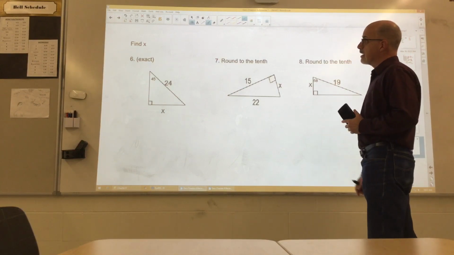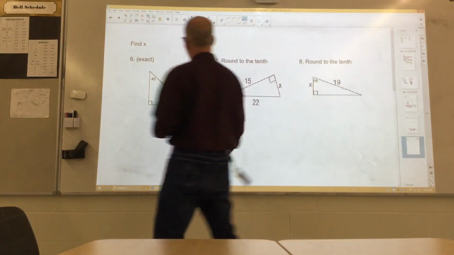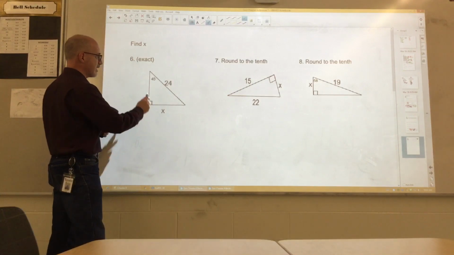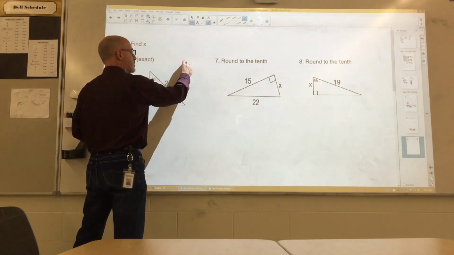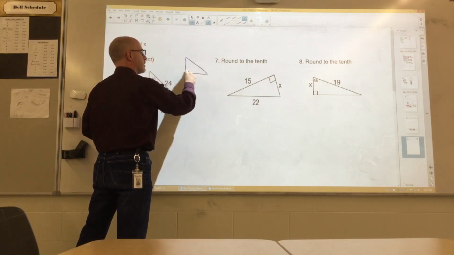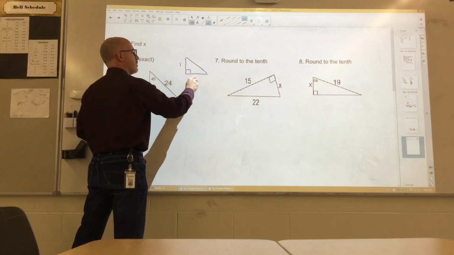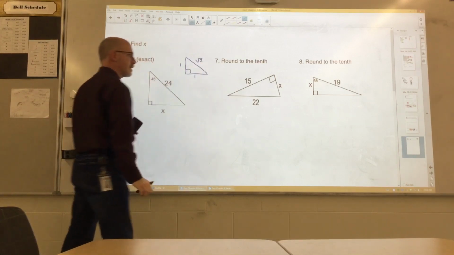Let's look at using special right triangles and solving these problems. So on this one, since it's a 45, 45, 90, I'm going to draw right next to it my special right triangle, which is 1, 1, and then the square root of 2. Let's set up a proportion.